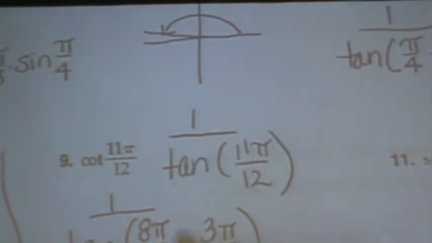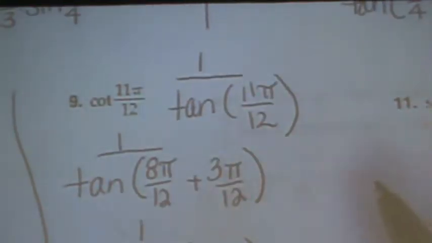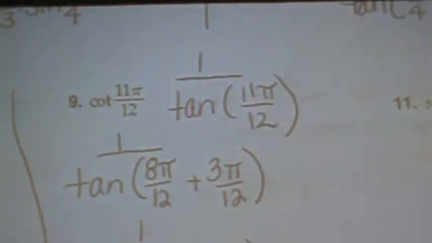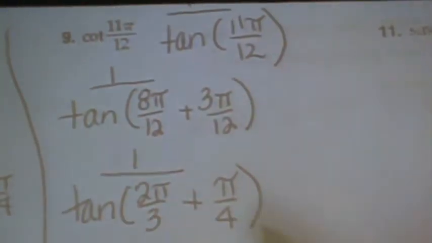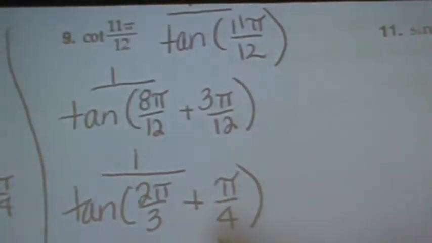That's how you get 11 pi over 12. Okay? So if you added these up, you end up getting the answer.